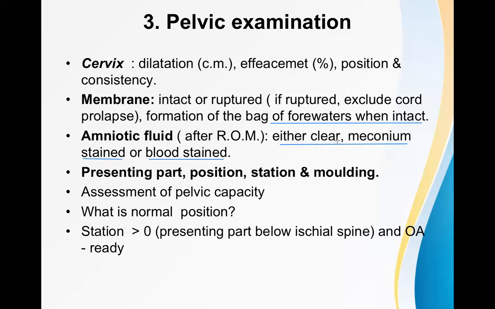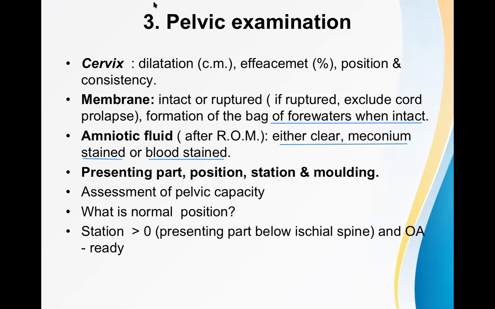Now, clear and blood stained are considered normal. There would be a slight blood stain in the amniotic fluid. We don't need to be that serious about this point. But if there is meconium in the amniotic fluid, we should take it seriously.